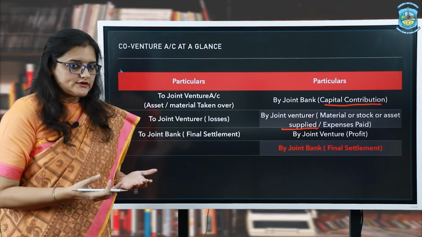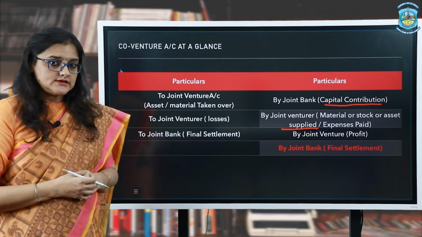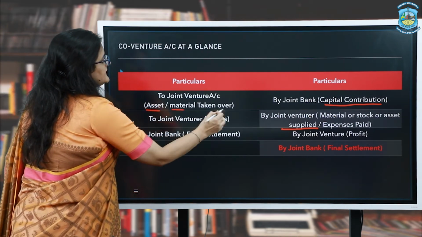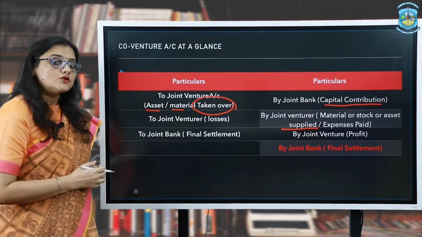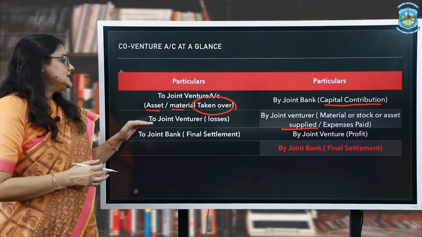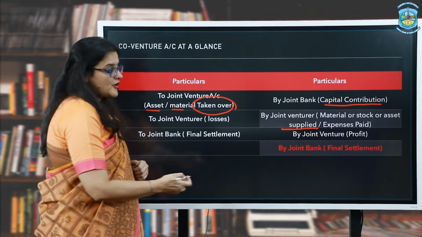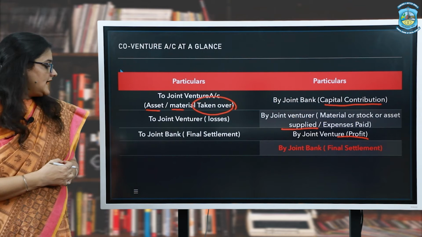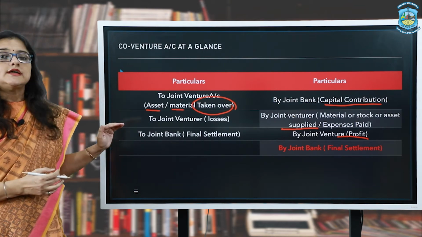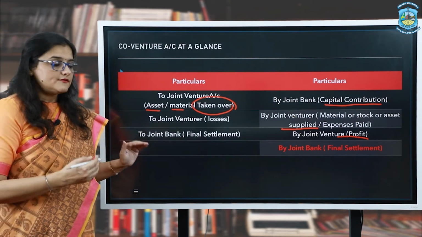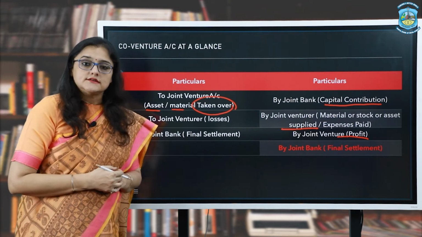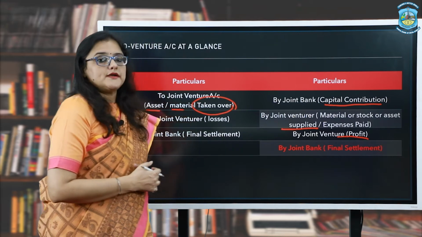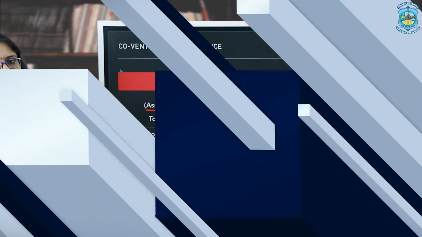Whatever they supply for joint venture is credited to their account, and they are debited for the assets, material, whatever they have taken over, and it is debited for their losses where the profit is shown in the credit side. And finally, their claims, if we have to pay them the claim finally, will come on the debit side, and if they have to recover something from the co-venturer, it will appear on the credit side.